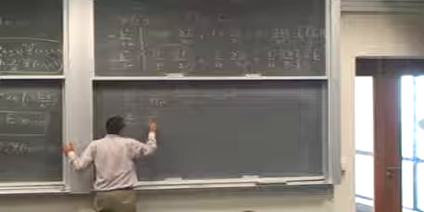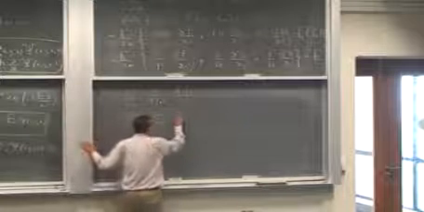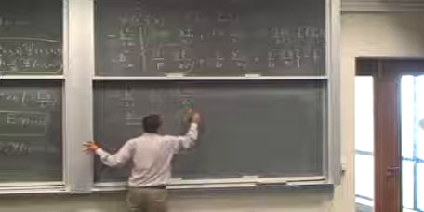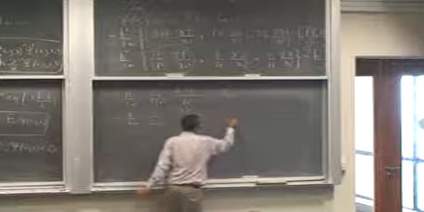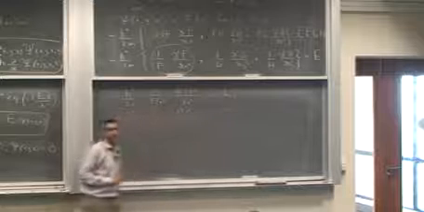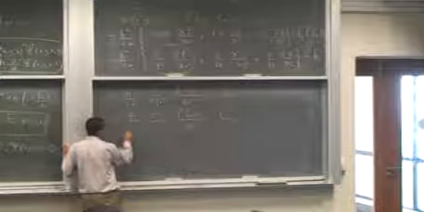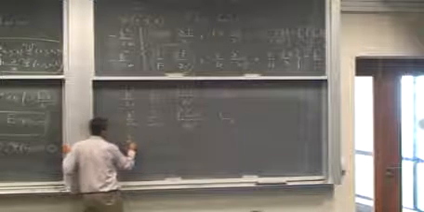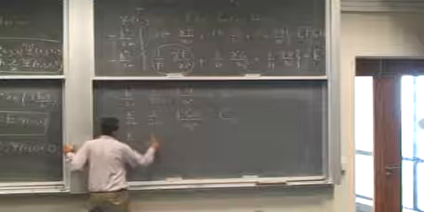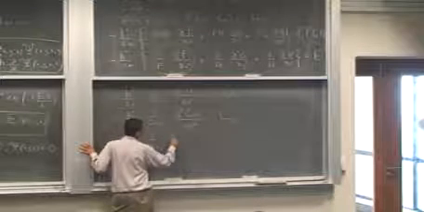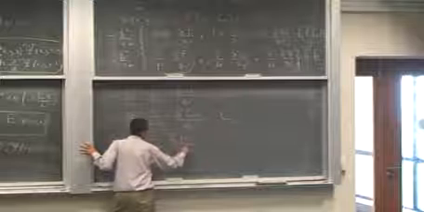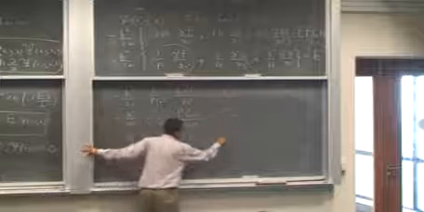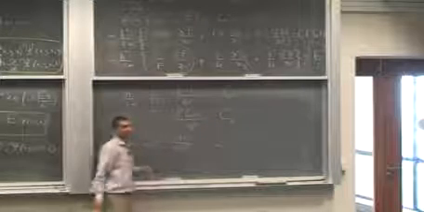One over g, which is a function of y, d squared G over dy squared is equal to another constant c2. And this equals another constant c3.